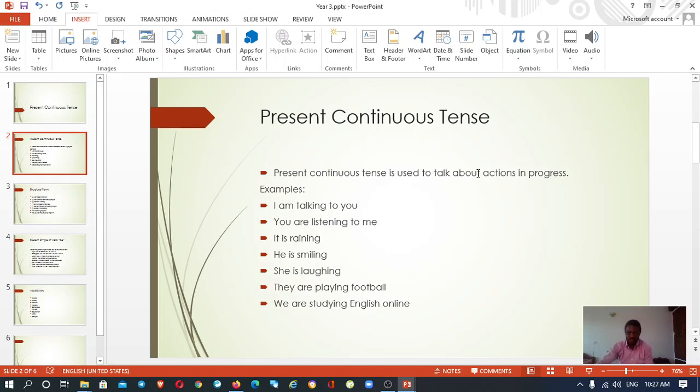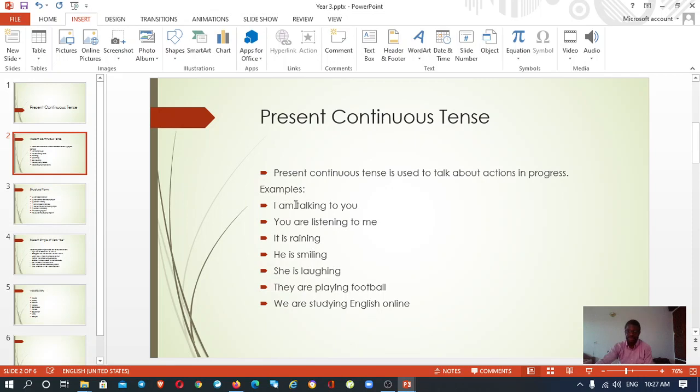The things you have to remember when using the present continuous tense is that there must be ing added to the verb, and also you have to remember to use the auxiliaries for each of the subjects in that sentence. For example, I'm talking to you. Talk is the verb, the ing form is the one I said you must always try to remember, and am is the auxiliary for pronoun I.